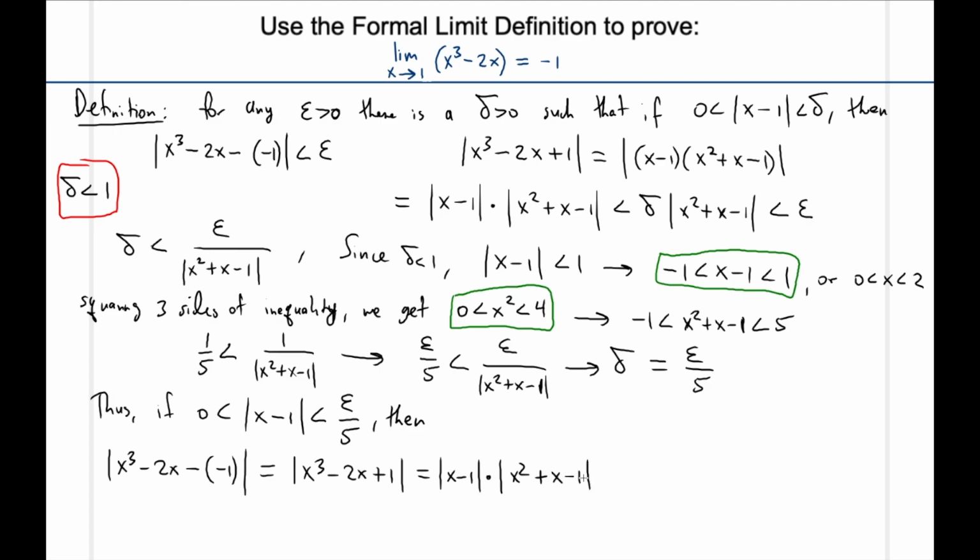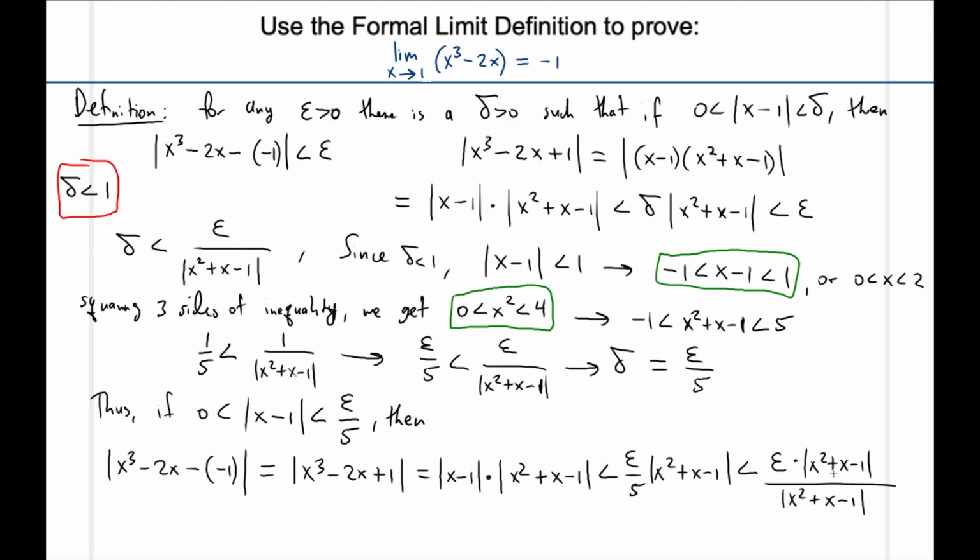And that should be less than the delta, which is epsilon over 5, as we decided by finding this out. So epsilon over 5 multiplied by this, right? Multiplied by the absolute value of x squared plus x minus 1, which should be less than epsilon times the absolute value of x squared plus x minus 1 over the absolute value of x squared plus x minus 1.